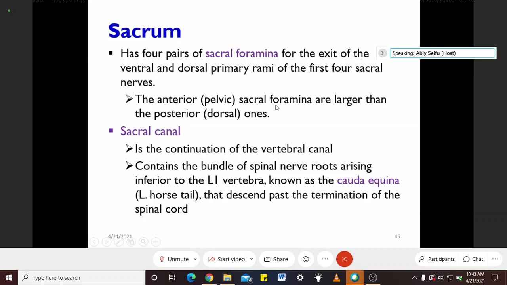foramina, and there are also posterior sacral foramina that are used for the passage of the dorsal or posterior primary rami.